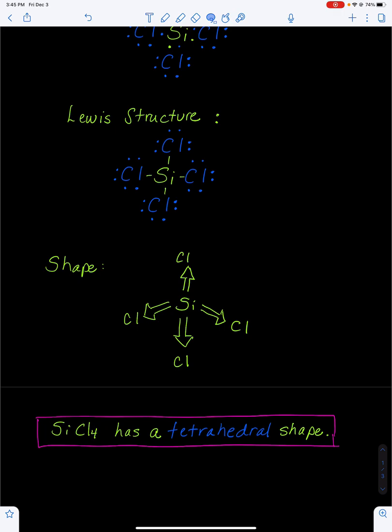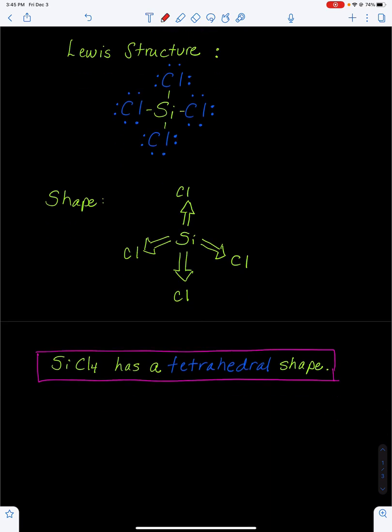We classify it as a tetrahedral shape because there are 4 sets of electrons surrounding the central atom. And I'll show you where those are, okay?